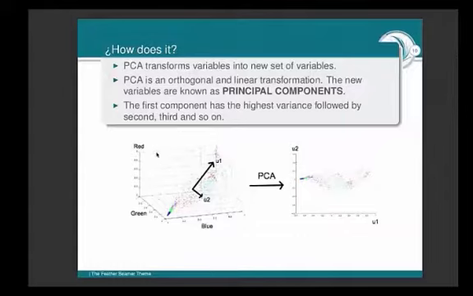Then, if we apply PCA, we plot the first principal component in this direction. Next, the second principal component in this direction, which is orthogonal to the first principal component. Now we can visualize the data in 2 dimensions.